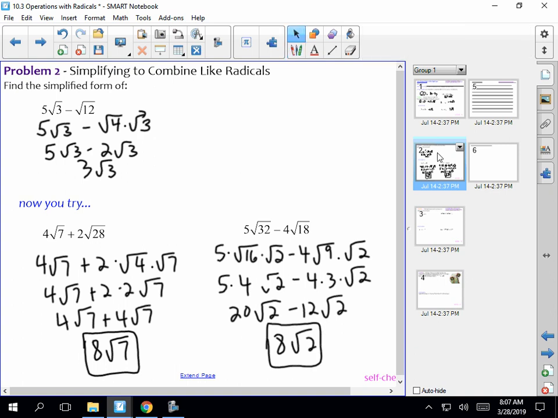Go ahead and check those, and hopefully you got it. So it's simplifying first, and then looking for like radicals, and then combining if you can.